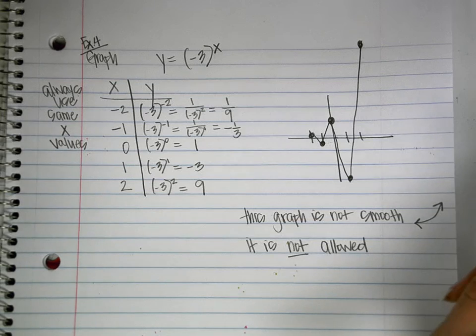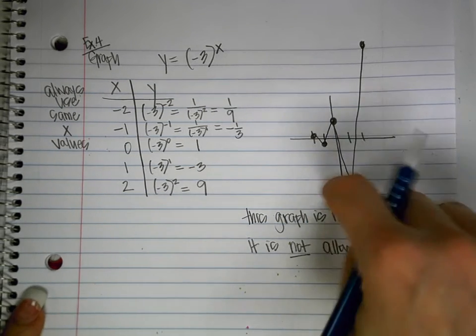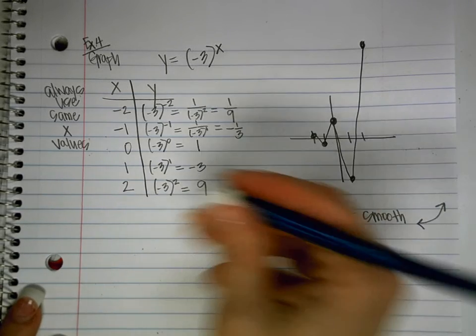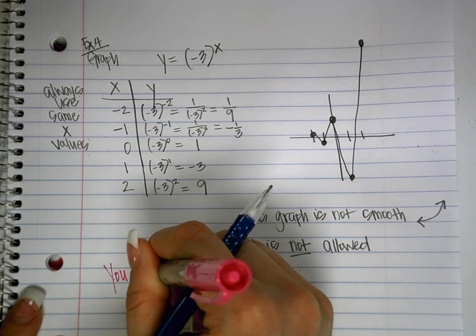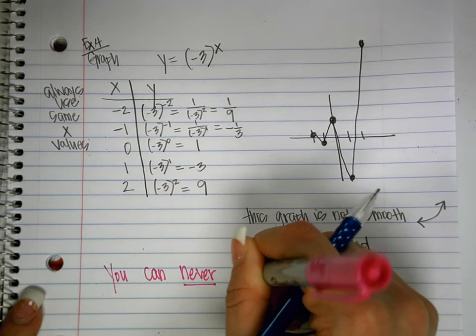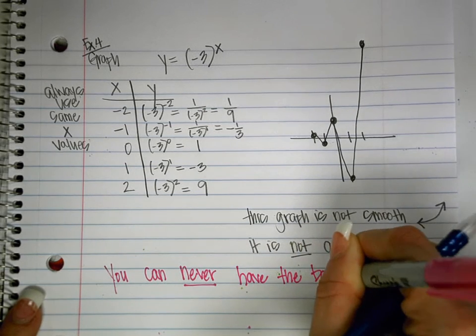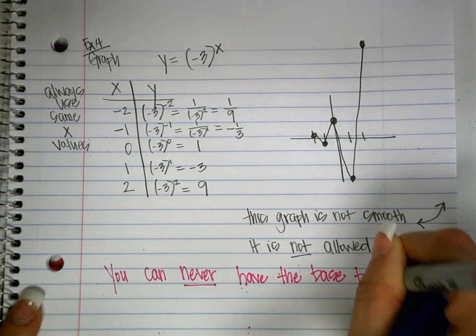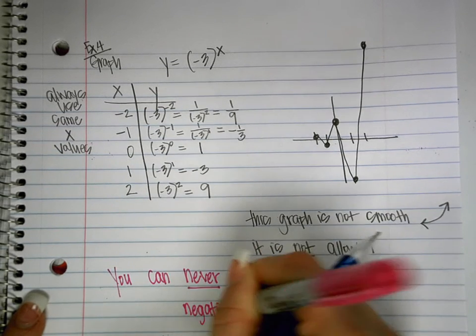You could have something that's a curve, it's nice and smooth, but we can't have anything that's jagged like that. So you can never have the base be negative, because here your base was negative.